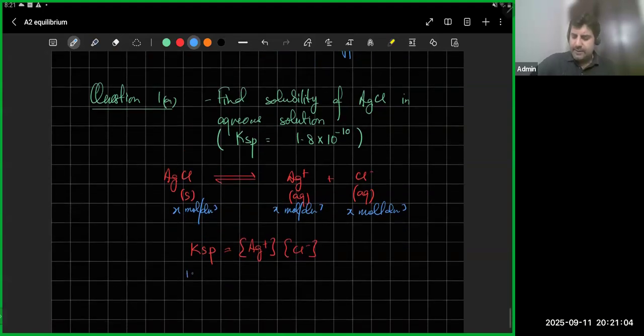So my KSP value is already known. That's 1.8 times 10 power minus 10. And it's X mole per dm cube into X mole per dm cube. So basically X is what? It's 1.8 times 10 power minus 10. And I need to underroot this. So all I need to do is take the square root of this. So what do we get, 1.8 times 10 power minus 10, and then I have to underroot this.